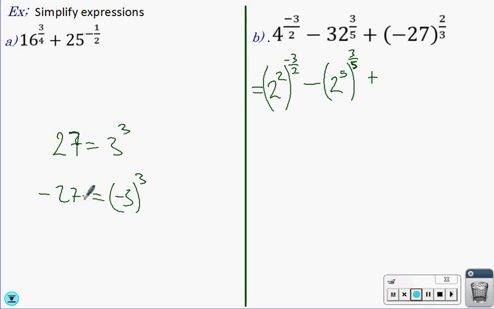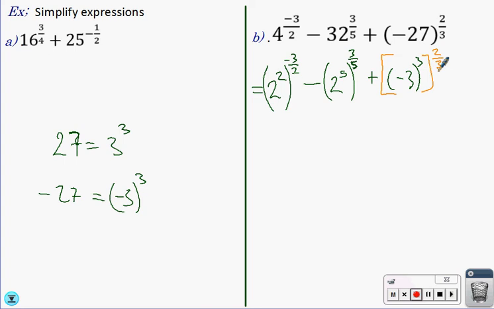Let's put it there. Minus 3 to the power of 3. This is the part only for minus 27, but we have another power over there. Let's change the color so you can see the idea. This is only for minus 27, then power 2 over 3, you copy it down.